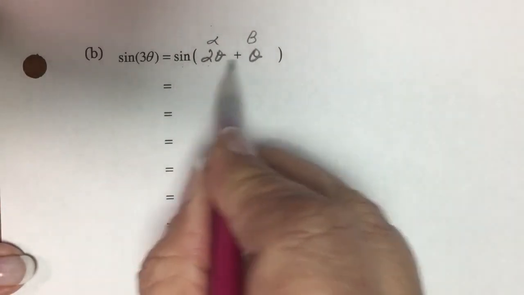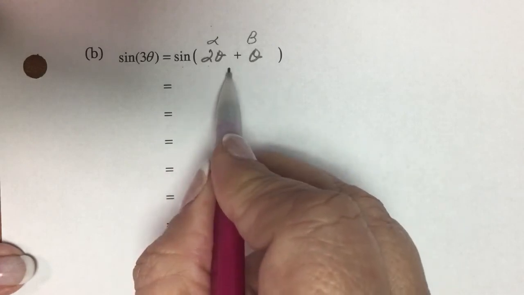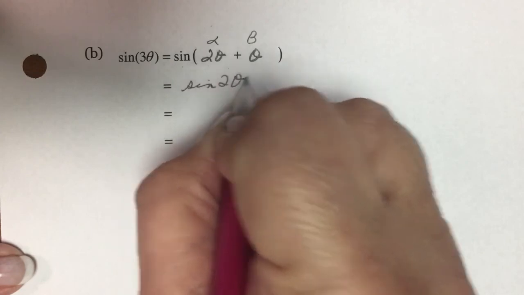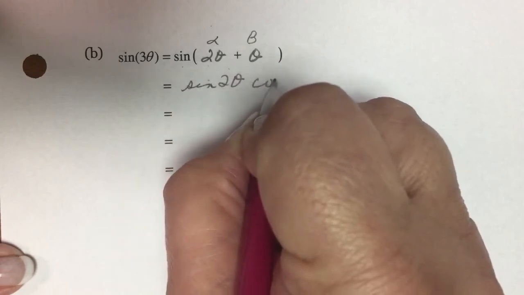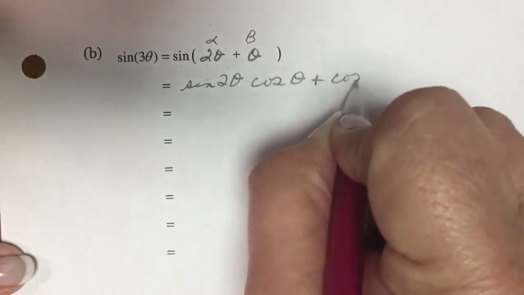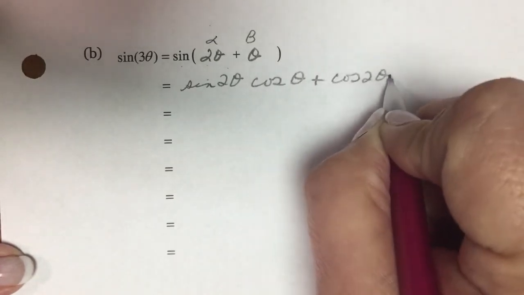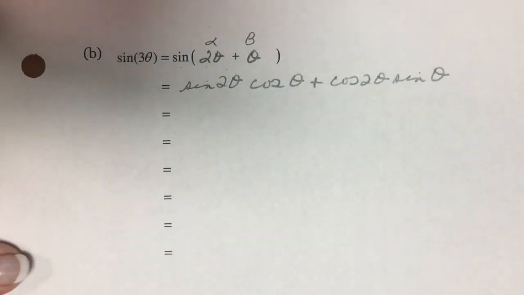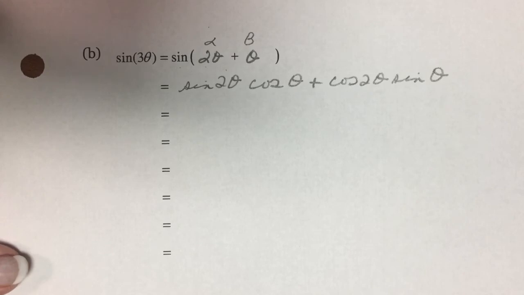So I'm going to use my sine sum identity. So it's sine 2 theta cosine theta plus cosine 2 theta sine theta. So I just substituted 2 theta and theta into my sine sum identity.